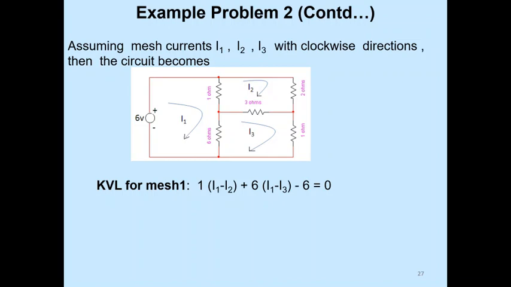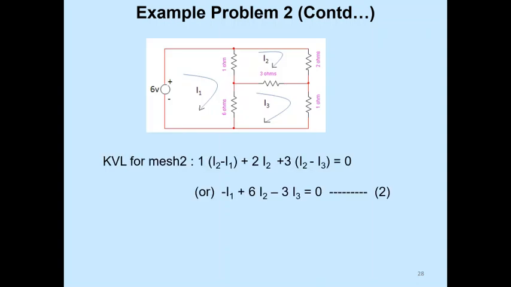So by applying KVL, the first mesh equation is 1 ohm into I1 minus I2 plus 6 ohms into I1 minus I3 is equal to 6. So from this we can write 7 I1 minus I2 minus 6 I3 is equal to 6.